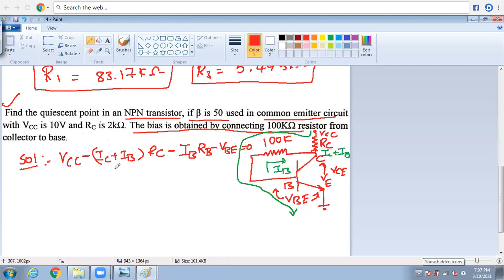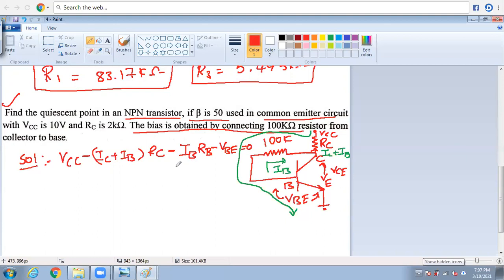Then IC plus IB, RC, you have to find out all these values. This is very easy to solve. Once you start the mathematical part, we can easily calculate this IB value also.